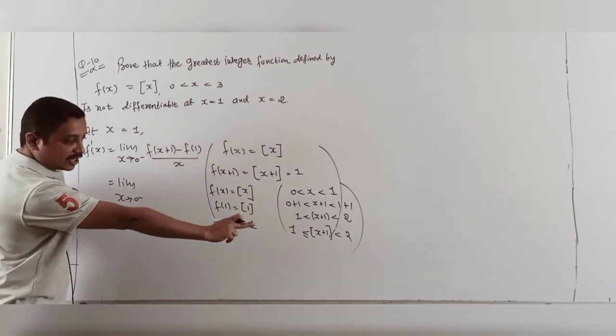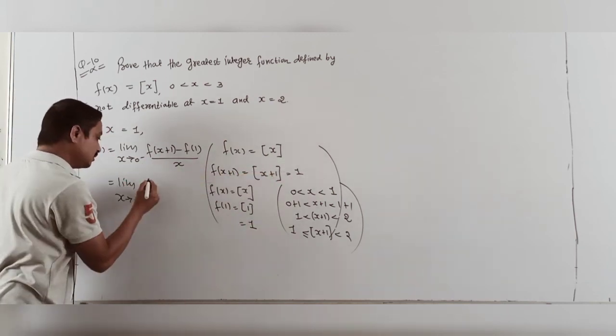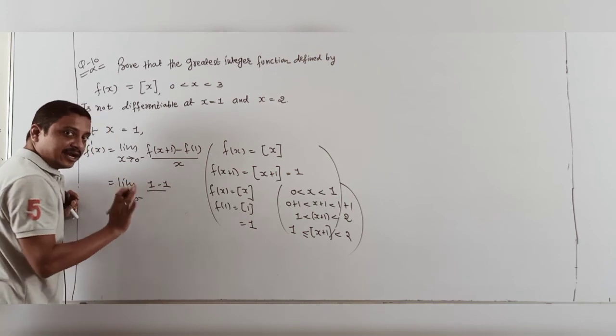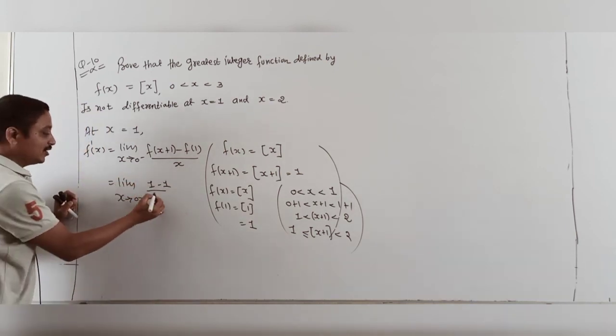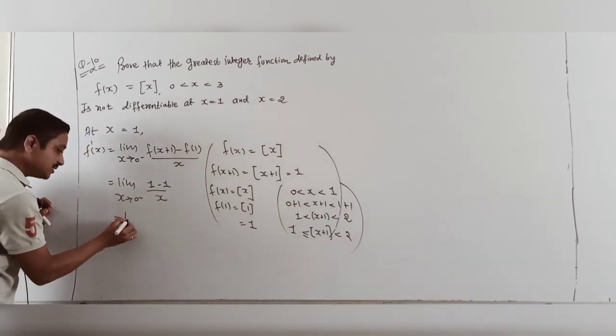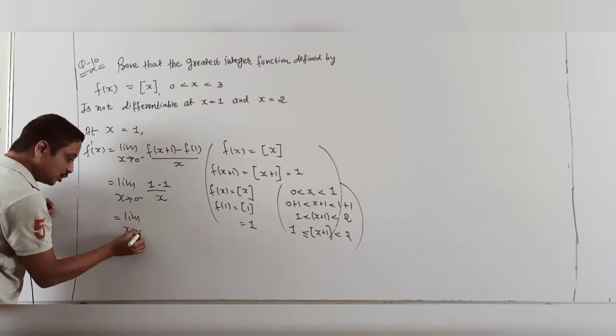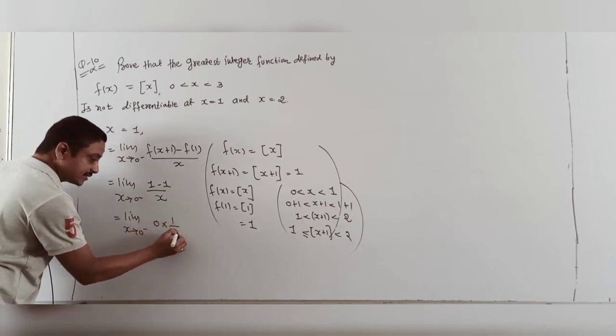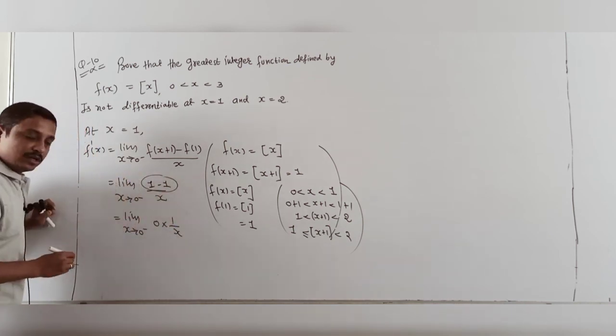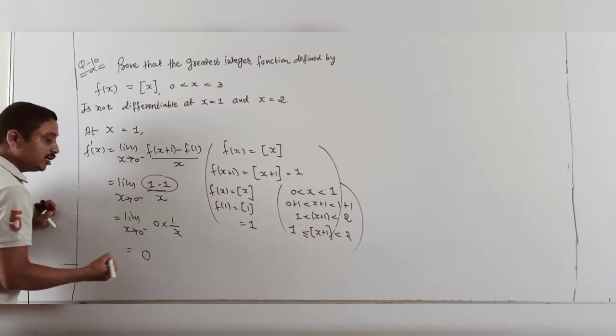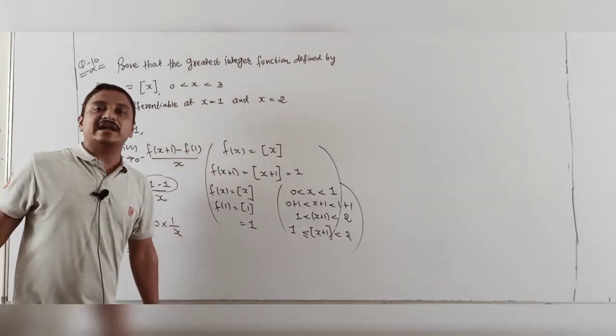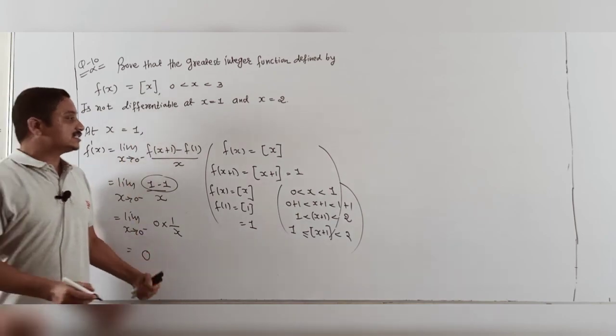This answer is already done. I have 1 minus 1 upon x, so this answer is limit x tends to 0 negative of 0 into 1 by x. Actually this answer is 0, and 0 into anything is 0. And this case is our remaining values for x equal to 1.